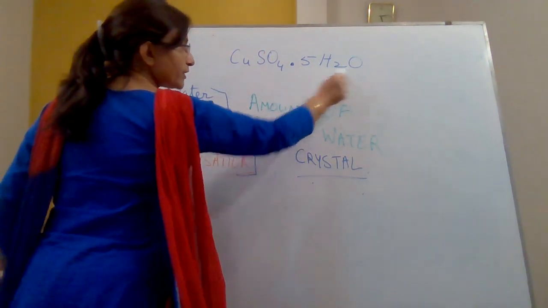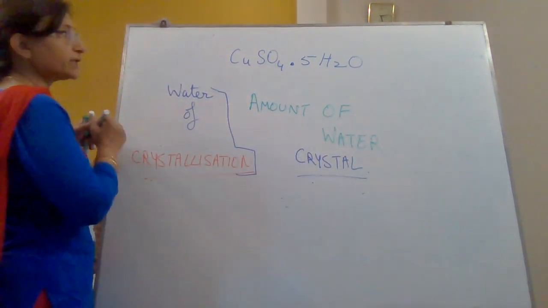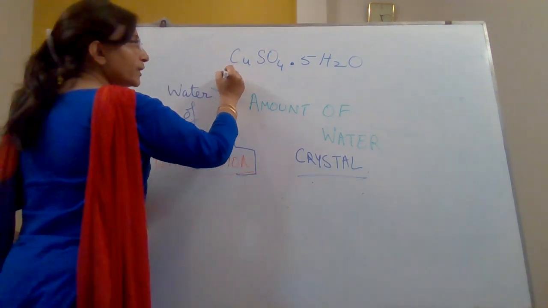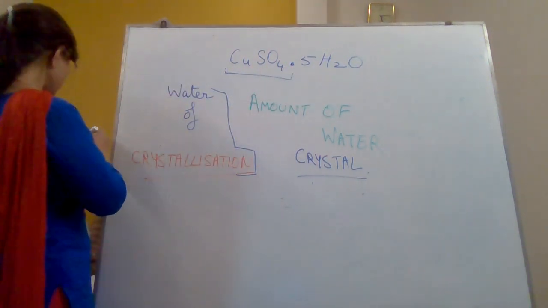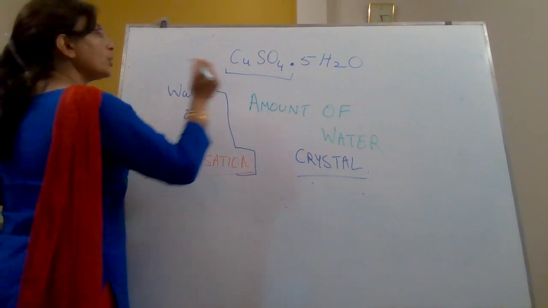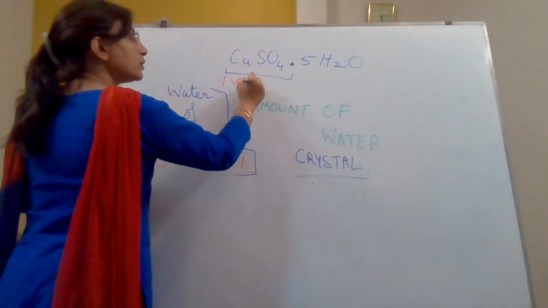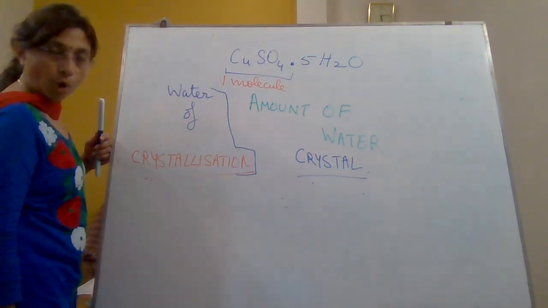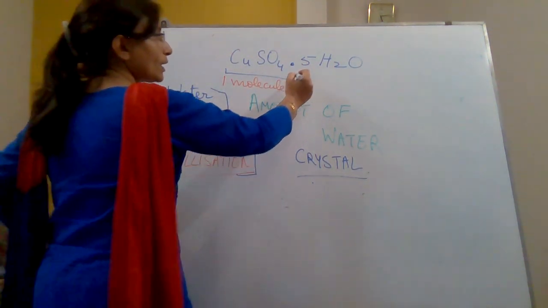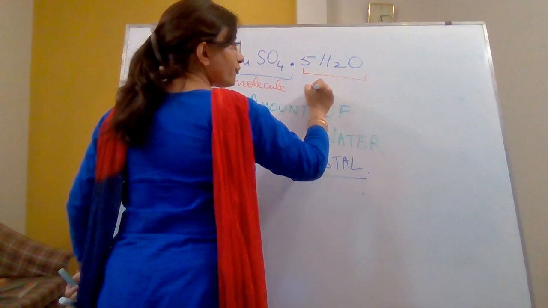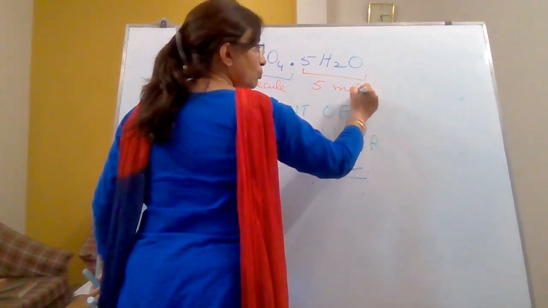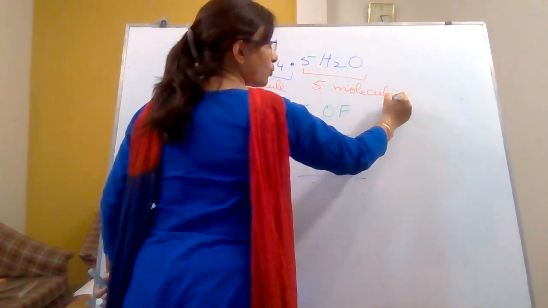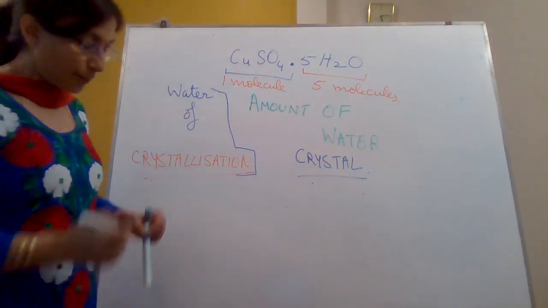This 5H2O is representing that in one molecule of copper sulfate, 5 molecules of water are present.